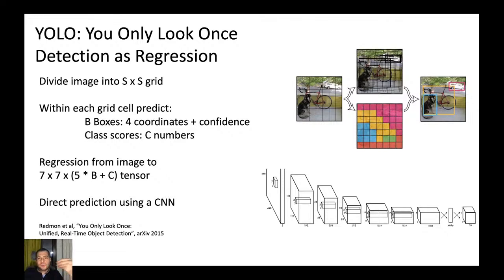But in order to be able to localize and to detect any number of objects, the idea is to divide the image into a grid, and for each grid cell we have a fixed number of bounding boxes and coordinates.